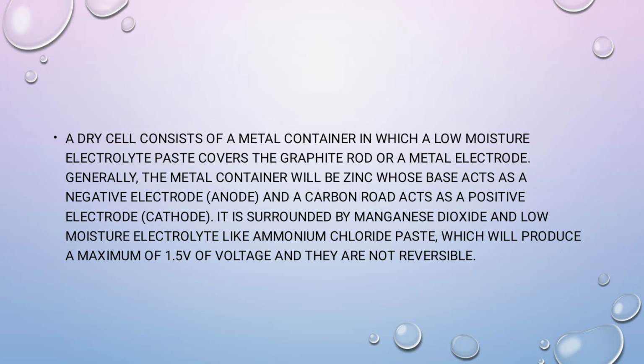Generally, the metal container will be zinc, whose base acts as a negative electrode, that is anode, and a carbon rod acts as a positive electrode, that is cathode, and it is surrounded by manganese dioxide and low moisture electrolyte like ammonium chloride paste, which will produce a maximum of 1.5 volt.